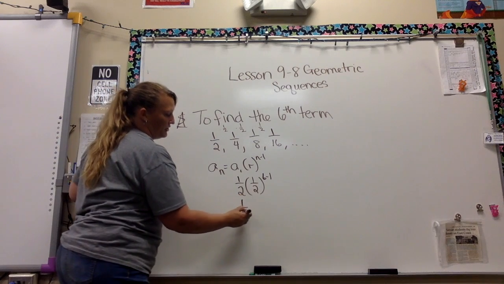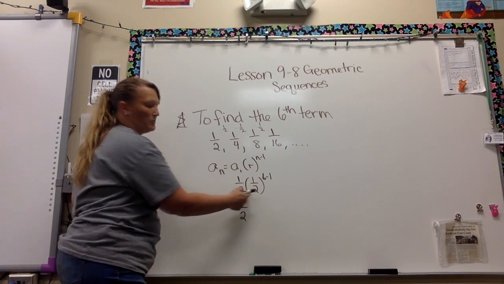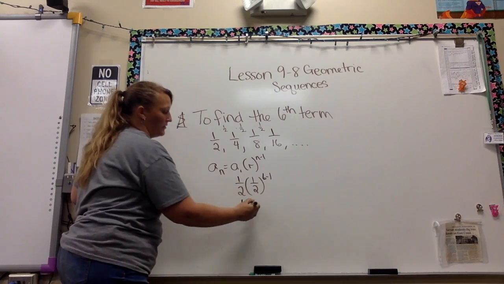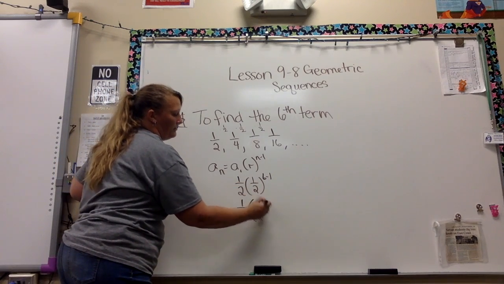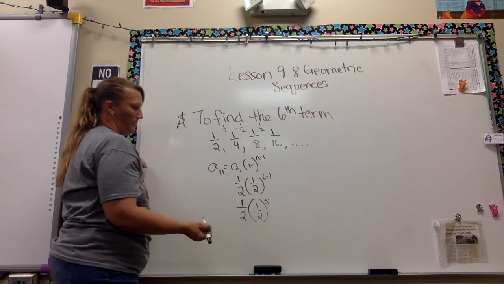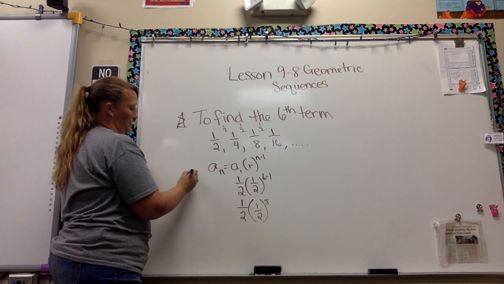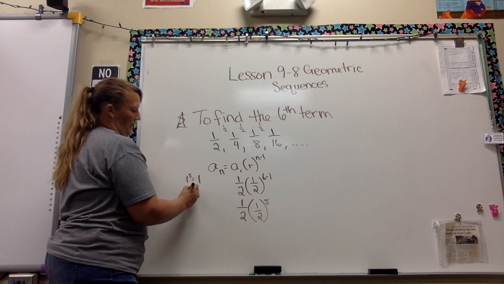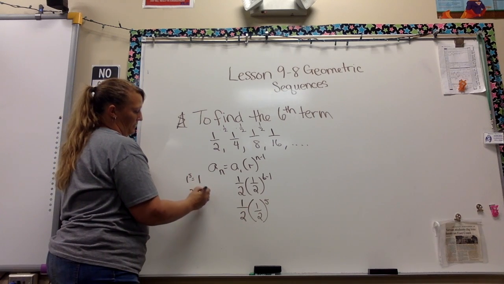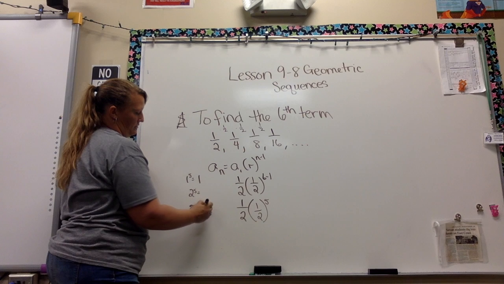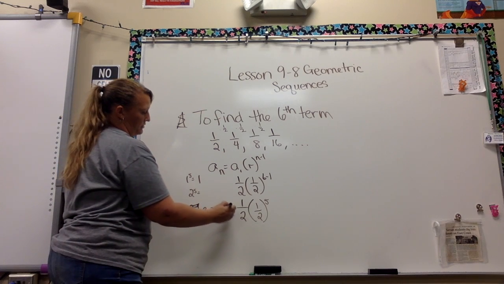Make sure you're following order of operations. Do not multiply these first. That's not right in PEMDAS. PEMDAS says we have to do the exponent first. So this is 1/2 to the 5th power. We know that 1 to the 5th power is still 1. And 2 to the 5th power is 2 times 2 times 2 times 2 times 2.